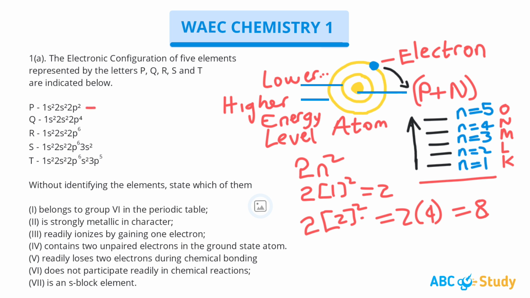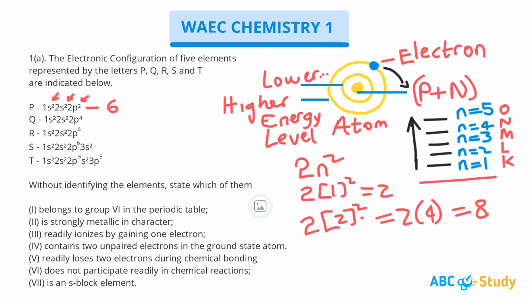When we're talking about P, you will see that we have 2, 2, 2. These are the electrons. We have 2 here, that's the indication of the electrons. Generally we have 6 here, right?